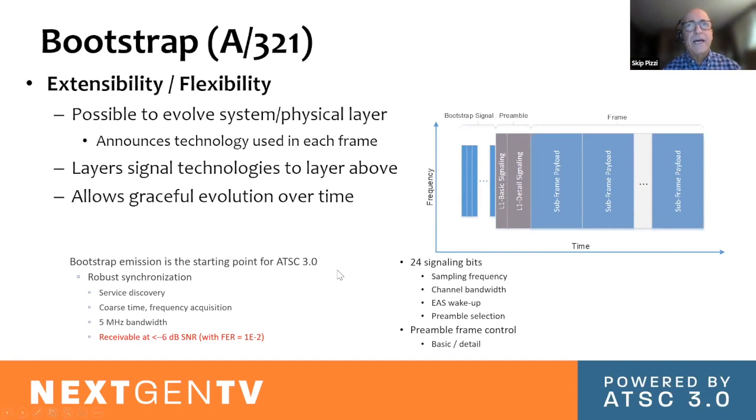And you can see that there's a lot of potential for doing other things with the bootstrap in the future, including waking up receivers like NOAA weather radio might do.